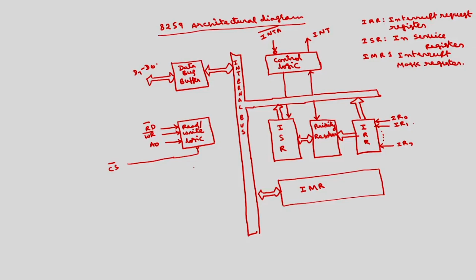There will be a cascade buffer. One feature of this 8259 is that we can cascade 3 8259s together. Cascade buffer, comparator, this also has 3 signals.